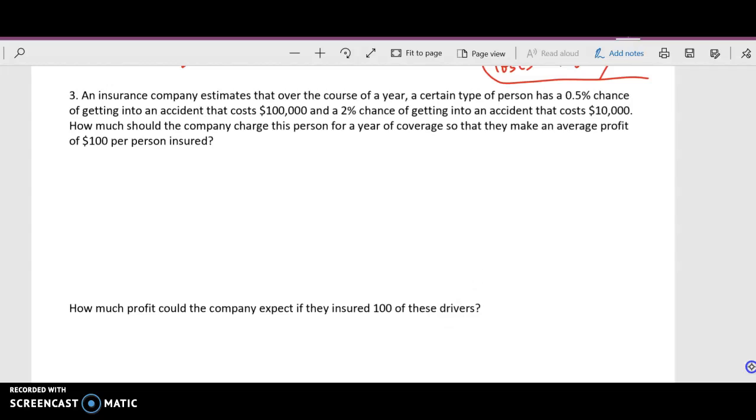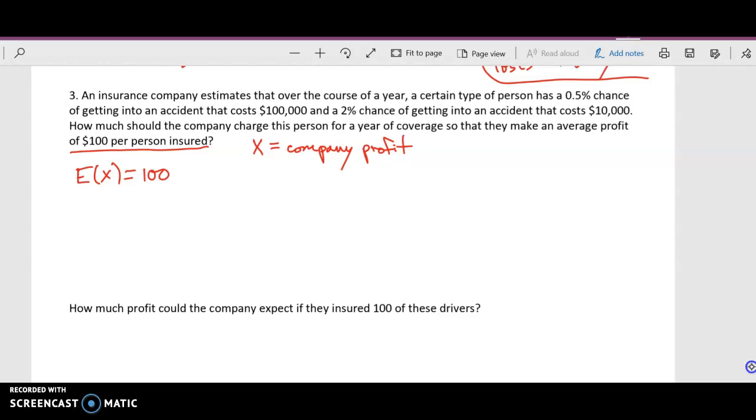Okay, we're going to identify X as the company profit. We want the average profit to be $100 per person insured. So E of X, we want to be 100.